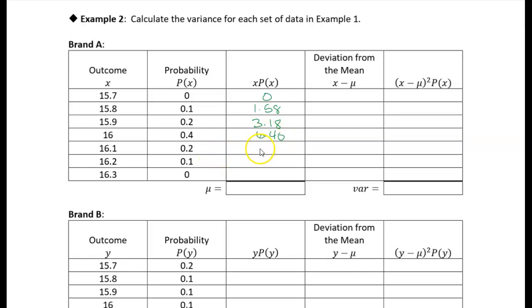I'm just multiplying the random variable times its associated probability. 3.22, this one is 1.62, and this one is 0.